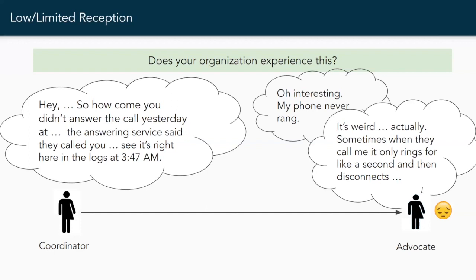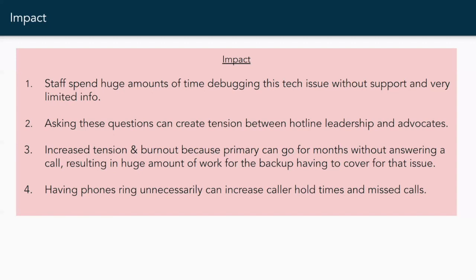And so what we've learned is that a lot of agencies are spending a lot of time trying to learn about these tech issues, which ultimately are just from low reception on the advocate's end, without a lot of support and with limited information about what the problem actually is. Crisis coordinators tend to have a ton of other things to do without trying to resolve tech issues, which is also important and can have an impact.